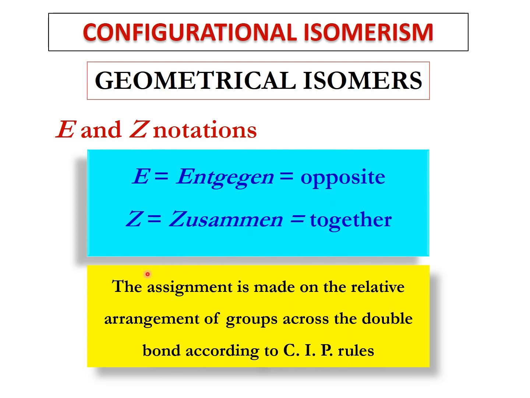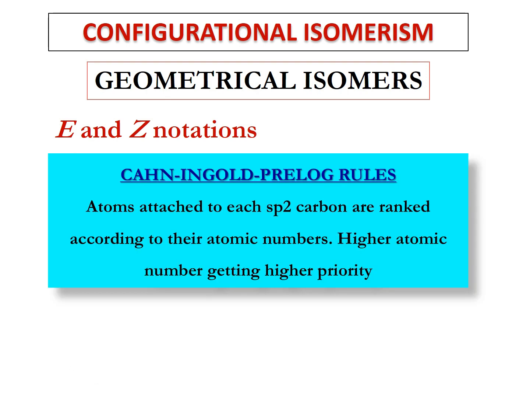That is through some assignments made according to CIP rules. CIP rules mean the Cahn-Ingold-Prelog rules, which assign different priorities to these groups across the double bond, and then later we decide whether they are on the same side of the carbon-carbon double bond or on opposite sides.